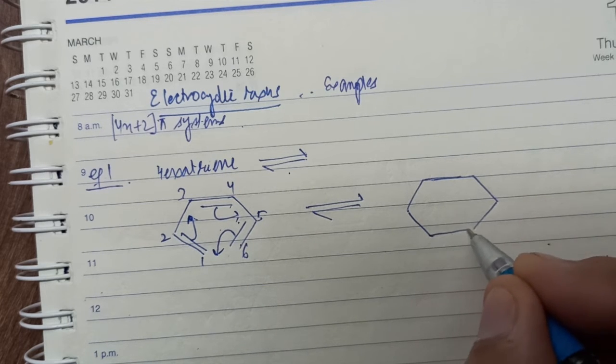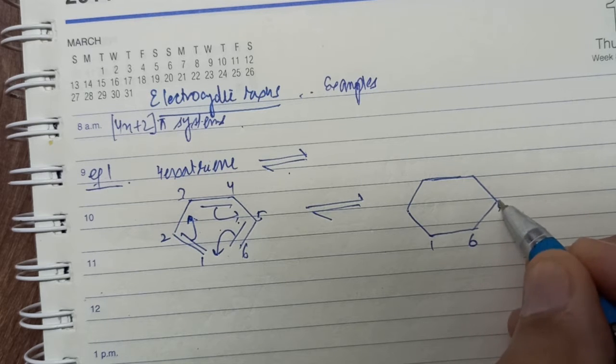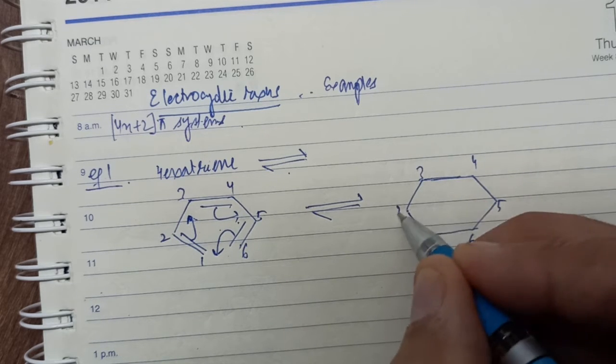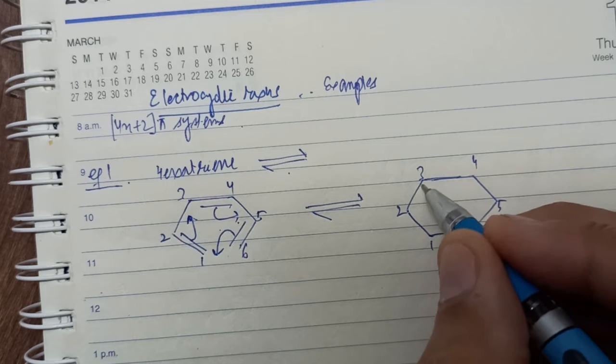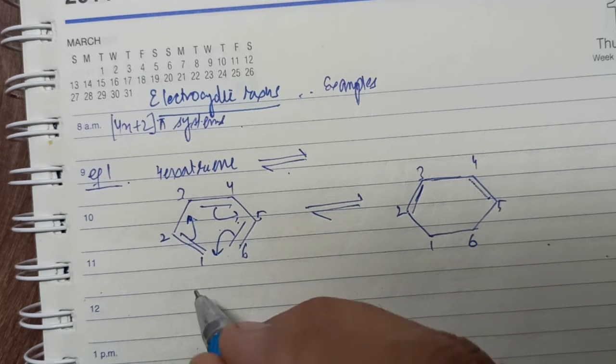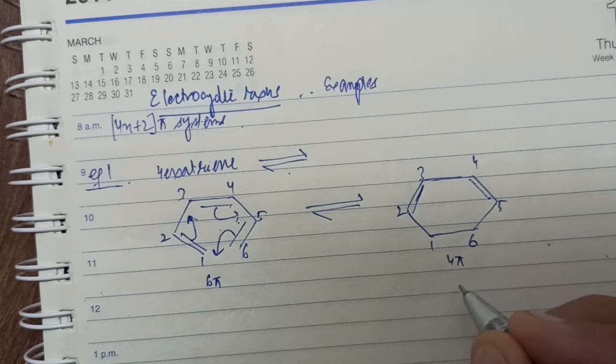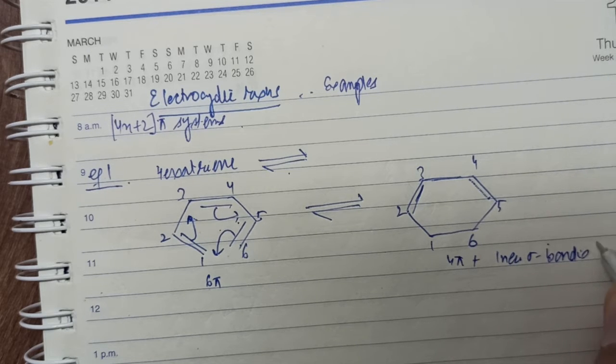So there will be one bond formation between 1 and 6; the 5, 6 double bond goes to form the 1, 6 bond, the 1, 2 double bond goes to 2 and 3, the 3, 4 double bond goes to 4 and 5. Of course, this was a 6 pi electron system, this is a 4 pi electron system, and a new sigma bond is formed. Hence, these reactions are categorized as electrocyclic reactions.